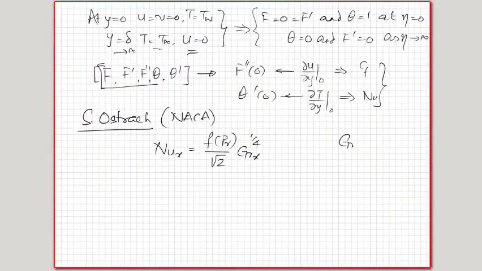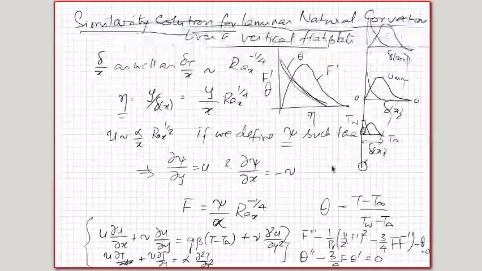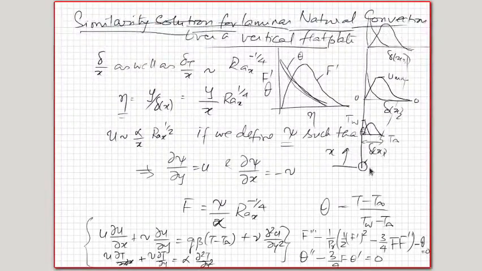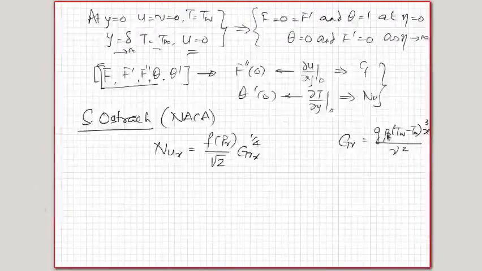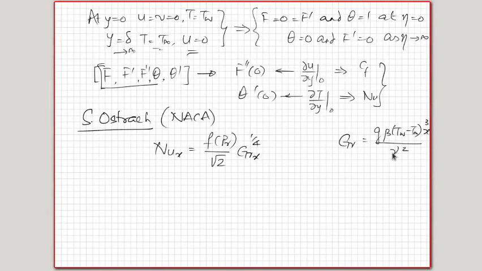Where Gr, the Grashof number, is defined as g beta into (T1 minus T infinity) into x cube divided by nu square. Where g is acceleration due to gravity, beta is the coefficient of cubic expansion, T1 and T infinity are the temperatures, x is the x coordinate along the plate, and nu is the kinematic viscosity, which is mu by rho.